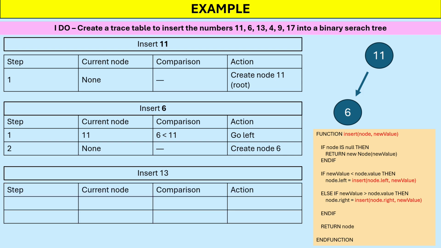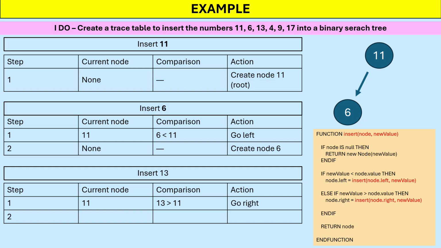Now, when we insert number 13, step 1, our current node is going to be 11. Then we need to check, well, 13 is bigger than 11. So if 13 is bigger, it means we're going to the right side.